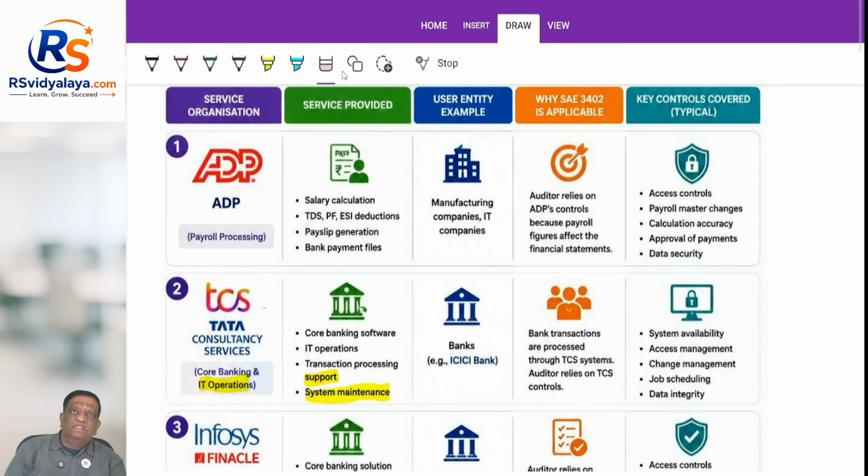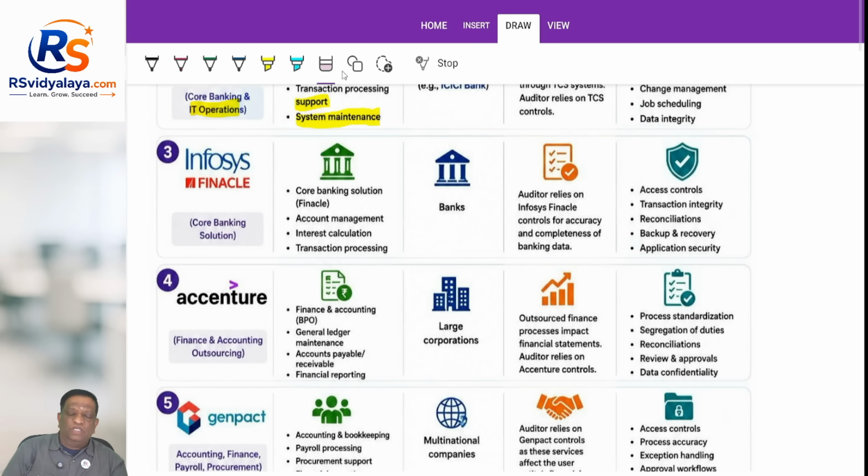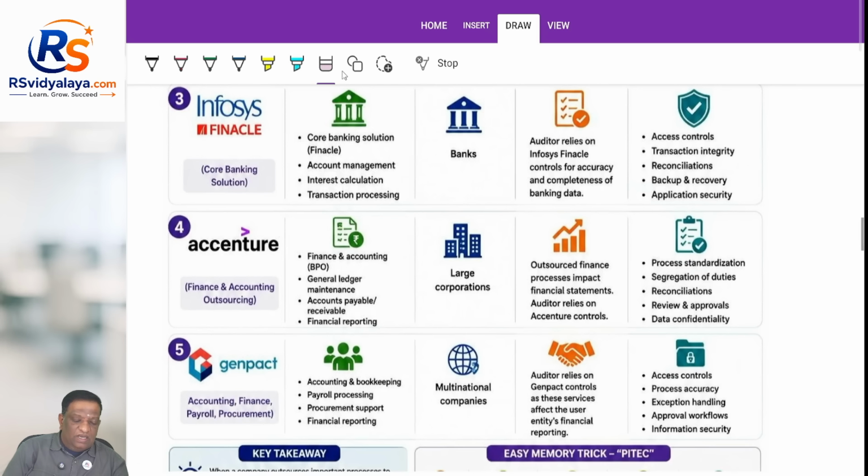Their expertise lies in payroll processing. Similarly, TCS and Infosys are among the biggest organizations which provide technical support. Then Accenture takes care of finance and accounting outsourcing for major companies, and even larger operations they prefer to outsource. And there is Genpact, which handles accounting, finance, payroll and procurement for other multinational companies.